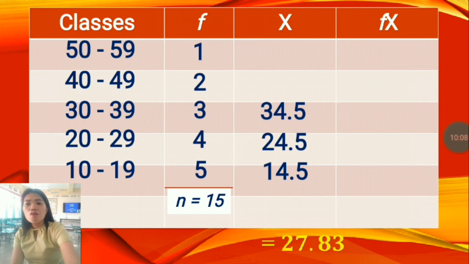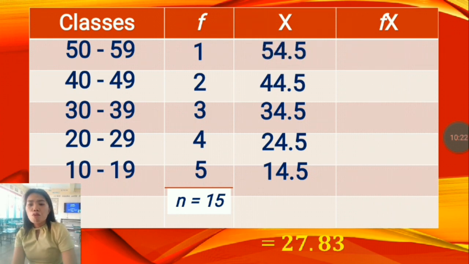The same procedure, 40 plus 49 is 89, divided by 2 is 44.5. Then 50 plus 59 is 109, divided by 2 is 54.5. Okay, so it's very simple for us to provide the third column as our class mark. That is how we solve for the class mark.